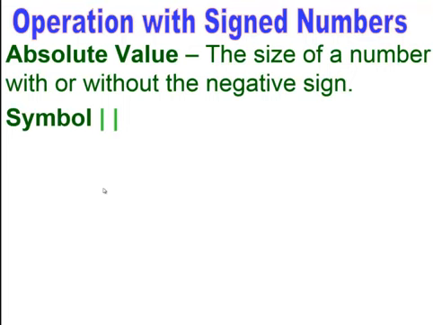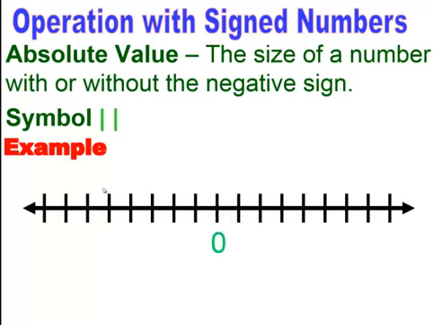Absolute value, we're going to be working with absolute value, and note here that the symbol for absolute value will be 2 bars. When we have an absolute value, it is simply the size of the number with or without the negative sign. So when we're taking the absolute value of a number, it is how far from 0 on the number line that number would be.